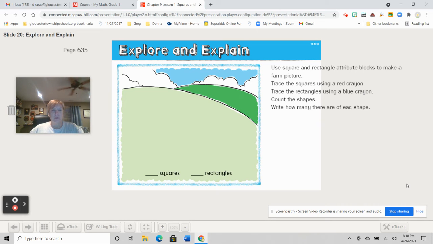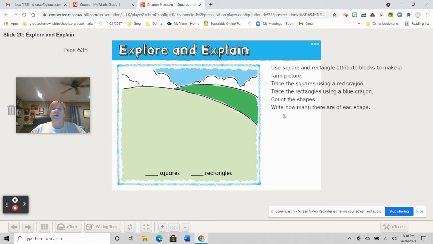Now, you might not have more than 1 or 2 of those shapes. So what you need to do is trace the squares using a red crayon. Trace the rectangles using a blue crayon. Now, if you need to, you can trace it with a pencil if it's easier, and then go back over it with a crayon, okay?